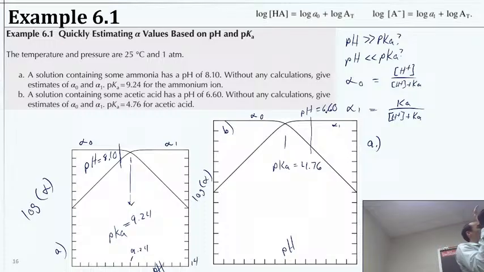And by a lot, we meant at least 1 log difference. So for A, pH is at least 1 log difference below pKa, so we can simplify something.